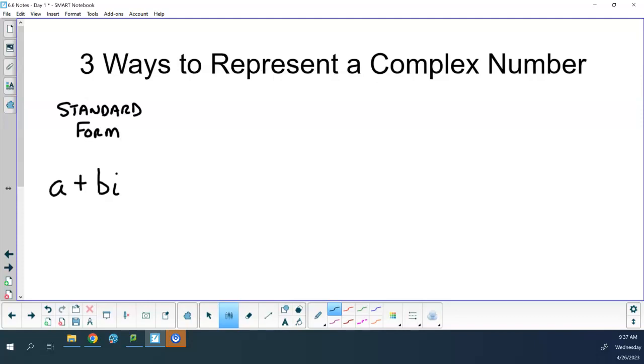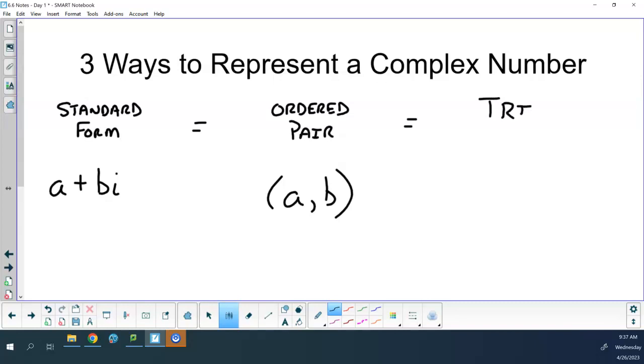That's the same as the ordered pair form, which would be a comma b. That's the same as the trig form, which is going to be r times the cosine of theta plus i sine of theta.